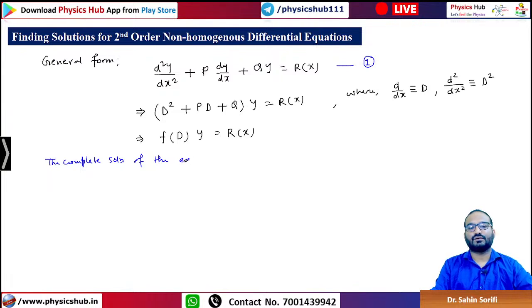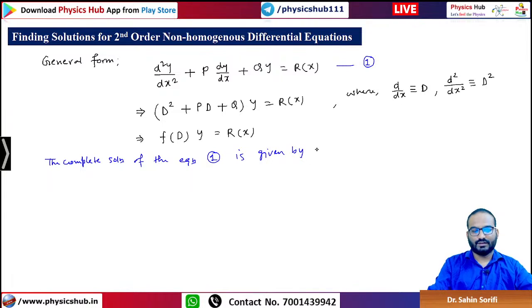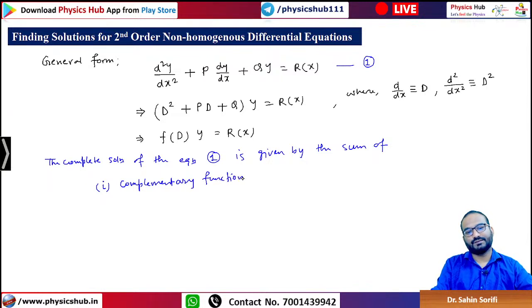The complete solution of equation 1 is given by the sum of number 1, that is called the complementary function, in short CF, and number 2, the particular integral, in short PI.